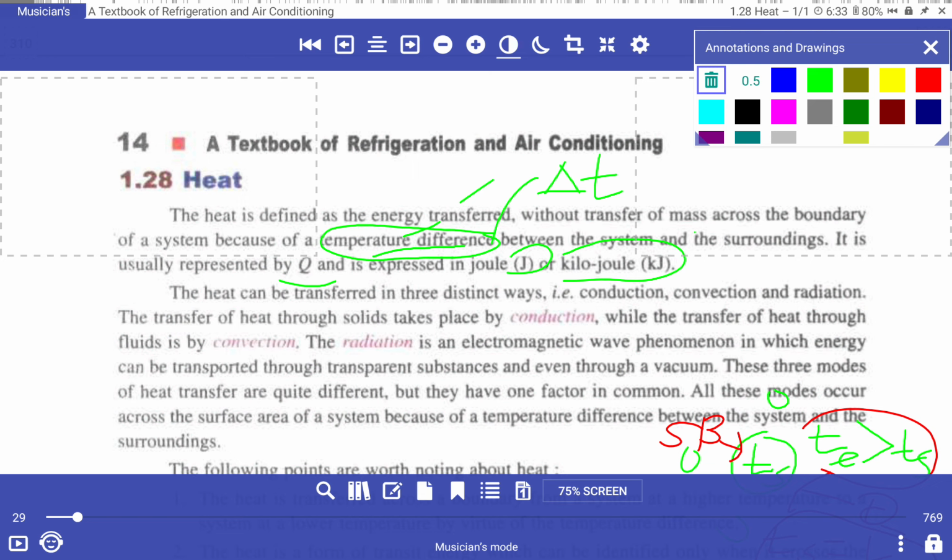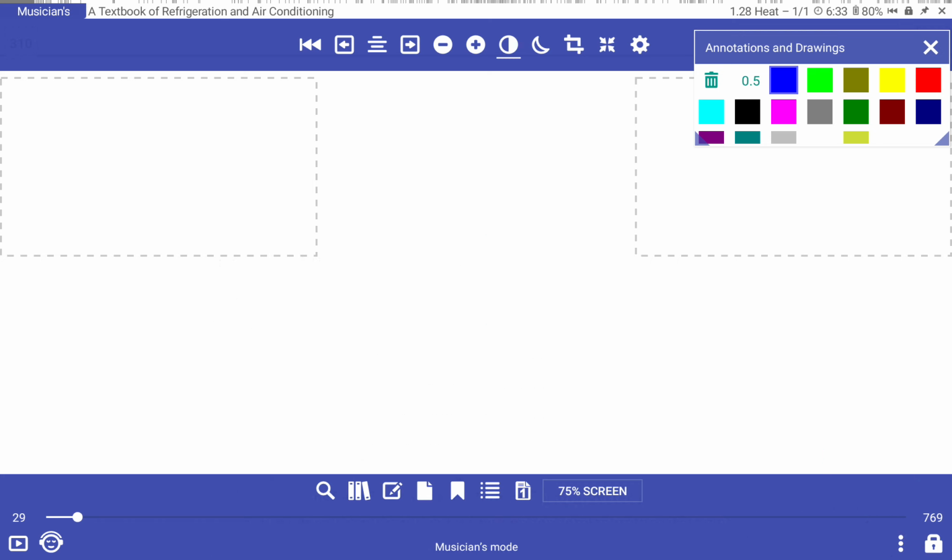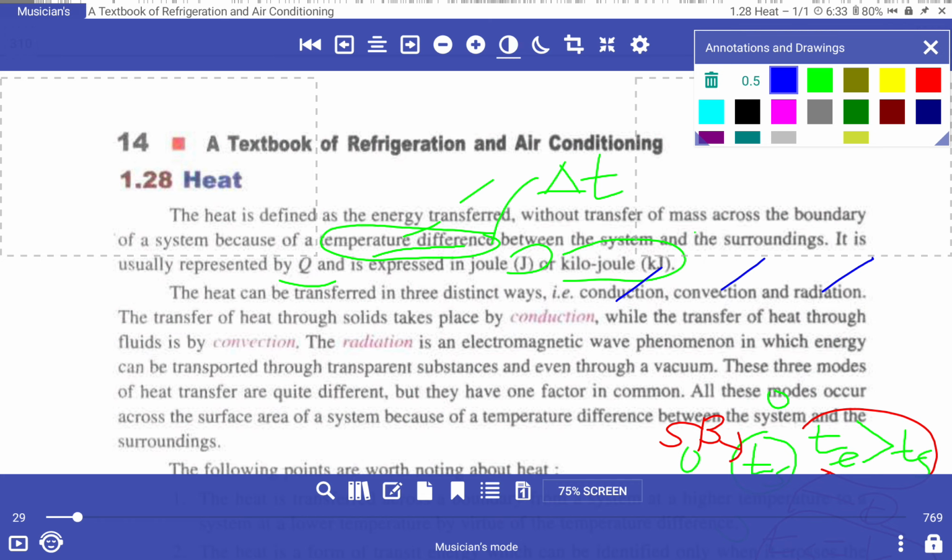There are three modes of heat transfer: conduction, convection, and radiation. The transfer of heat through solids takes place by conduction, while the transfer of heat through fluids is by convection.